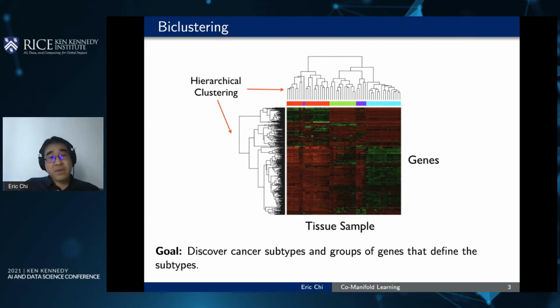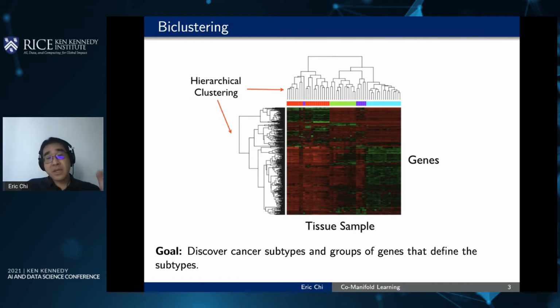This is a very common task, for example, in cancer genomics. We're seeing here a data matrix where the columns correspond to different tissue samples. These tissue samples were taken from different subtypes of lung cancer and some normal tissue. And so we see some ground truth labels encoded in color above the columns. And then also on the rows, we have different genes.